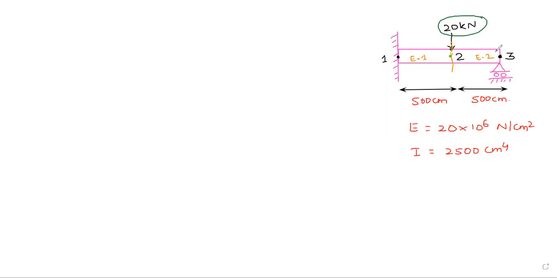So let us take V1, theta 1, F1, M1 as the unknowns at node number 1.